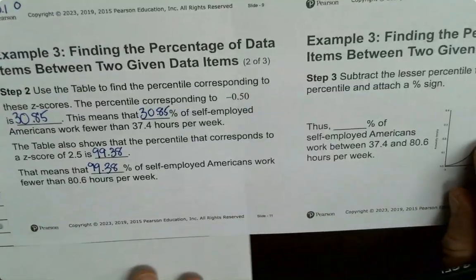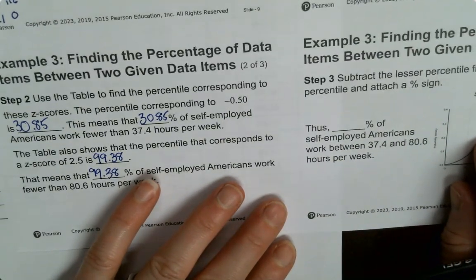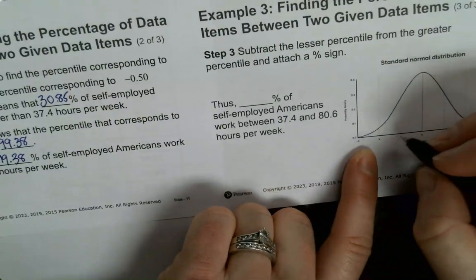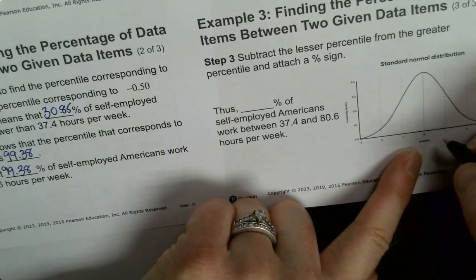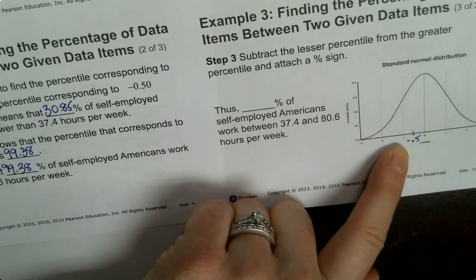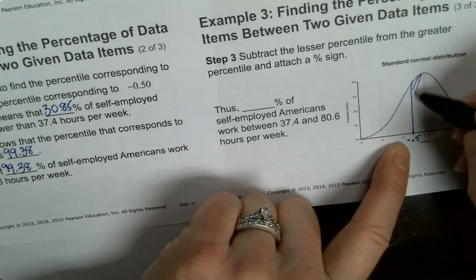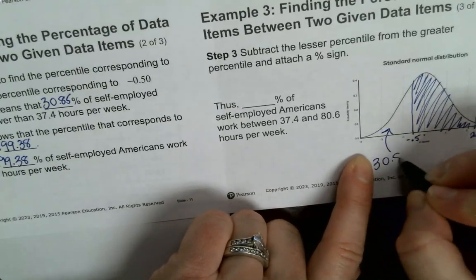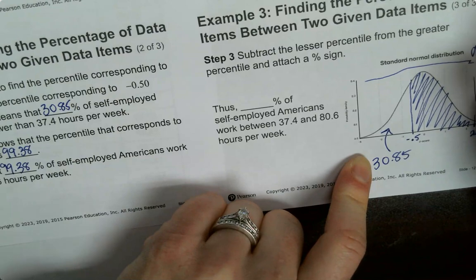In order to find how many work between those two values, the 37.4 and the 80.6, we're going to put these on our standard normal distribution. The negative 0.5 is right here, and then the 2.5 is here. We know this is the 30.85, and then from here over is 99.38.